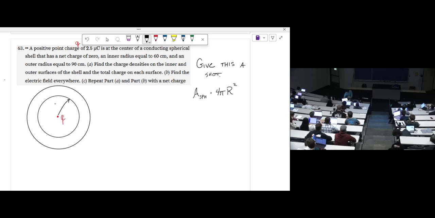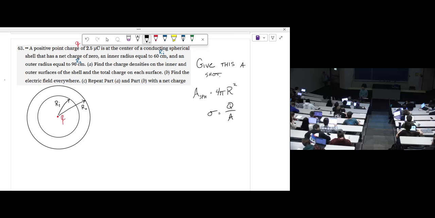We'll call these R sub I and R sub O for the inner and outer radii respectively. If I want to know the charge density on the inner wall, don't forget that charge density sigma, since we're talking about an area, is total charge divided by the area, which is why I wrote the area of the sphere, 4 pi r squared.